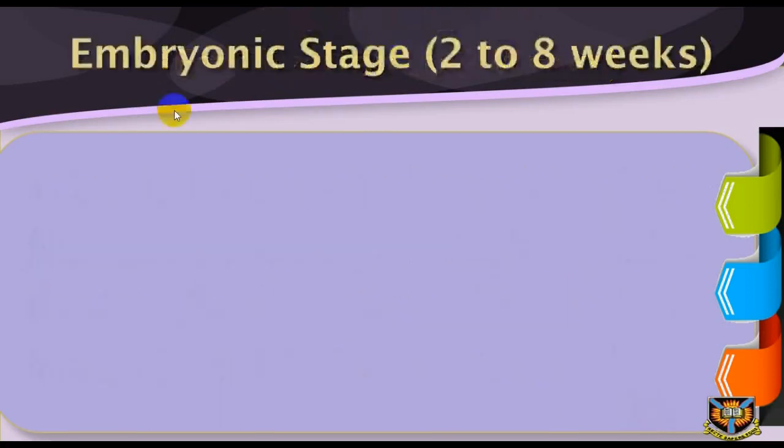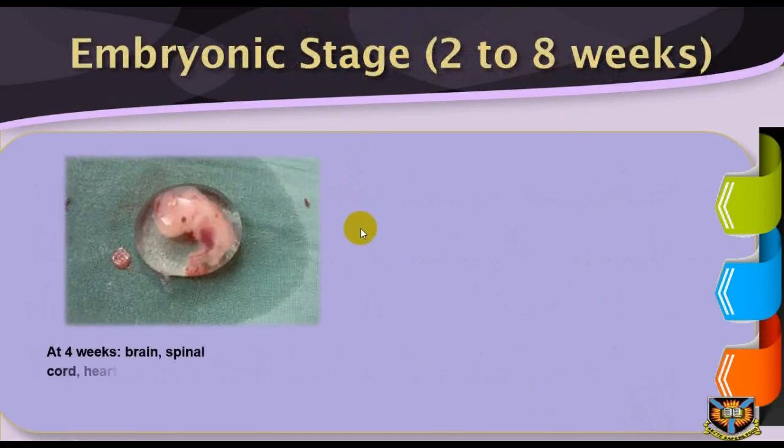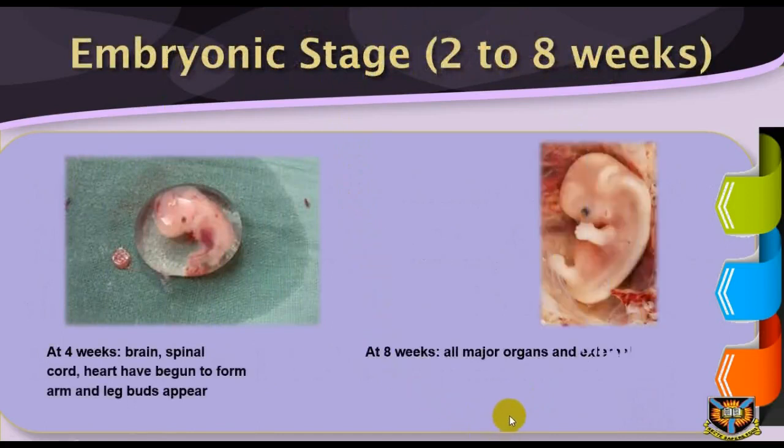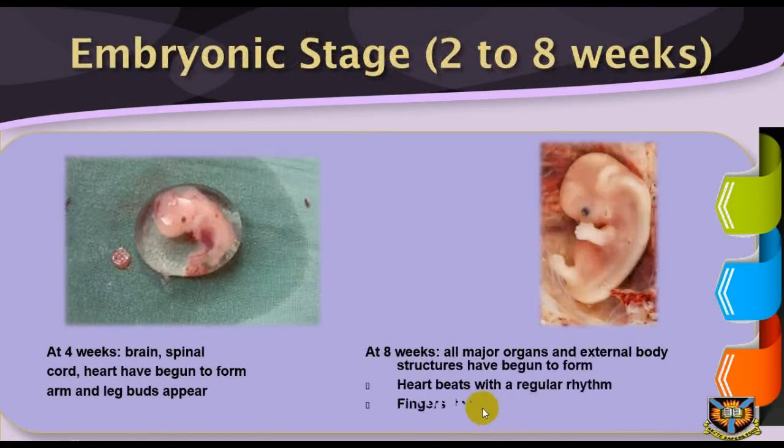Embryonic stage, 2 to 8 weeks. During the embryonic stage, the second stage of gestation, from about 2 to 8 weeks, the organs and major body systems, respiratory, digestive, and nervous, develop rapidly.